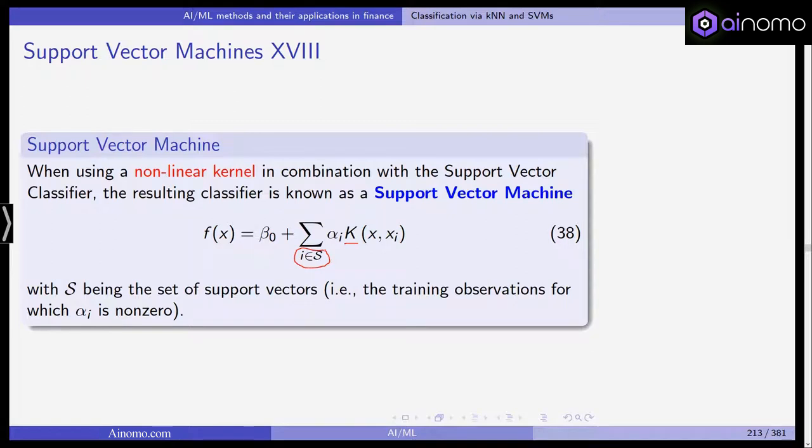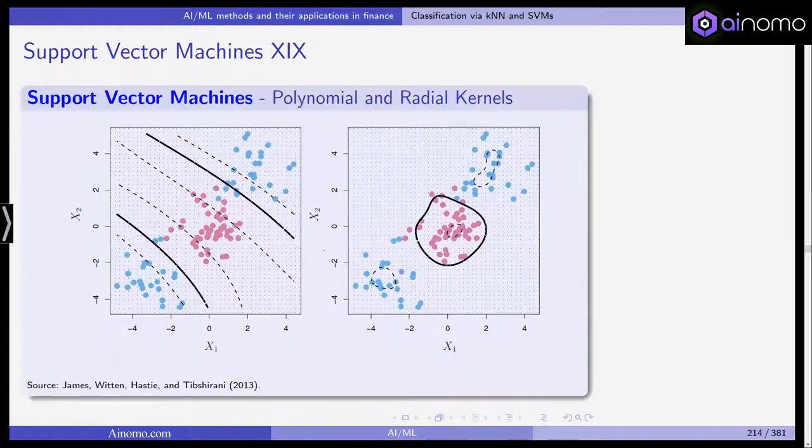So the set S that includes the indices for the support vectors is usually much smaller than n, and we only need these indices in the set S. That's the set of support vectors. That's a support vector machine: substituting the linear kernel with a non-linear kernel, and what we get is a much finer way of classifying these observations.